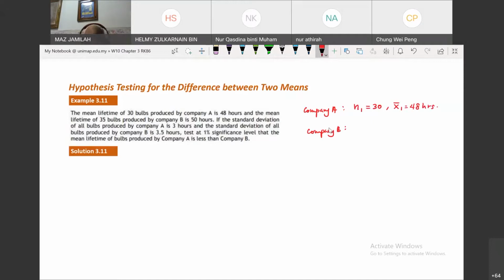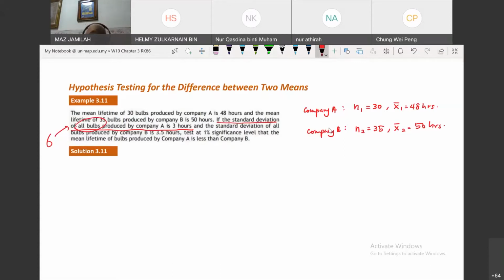And then the mean lifetime of 35 bulbs, so the second sample size is 35, and the mean is equal to 50 hours. Please class, look at the statement here. If the standard deviation of all bulbs produced by company A is 3 hours, this reflects your sigma, because all bulbs reflect the population.